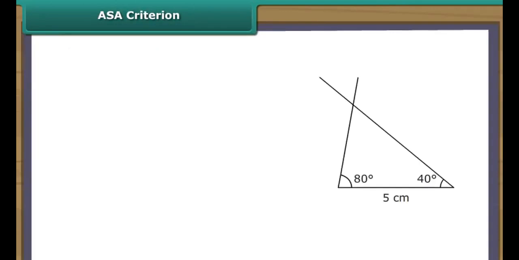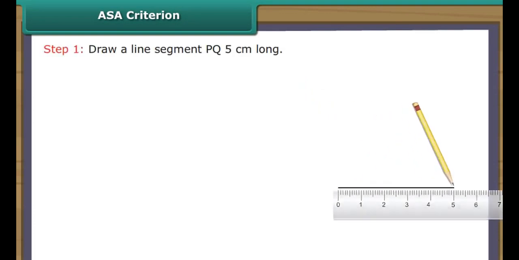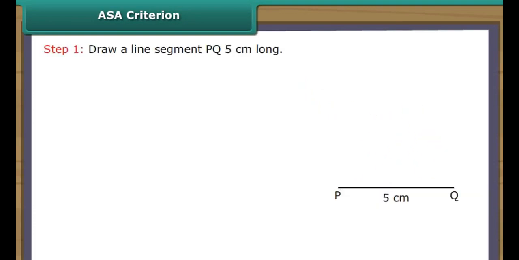ASA criterion. Let us now draw a triangle, two of whose angles measure 40 degrees and 80 degrees and the side between them measures 5 cm. Draw a line segment PQ 5 cm long.